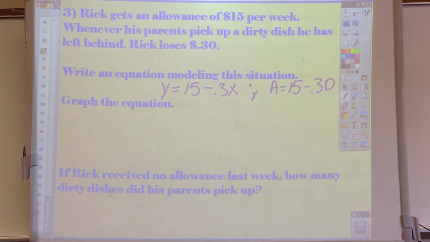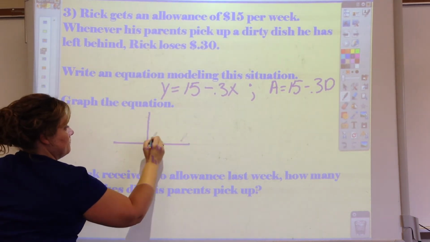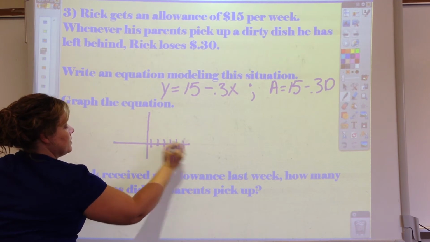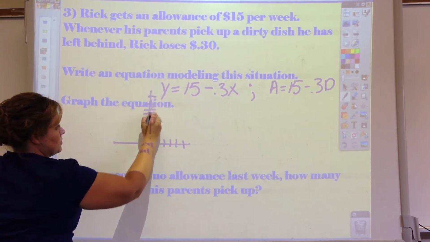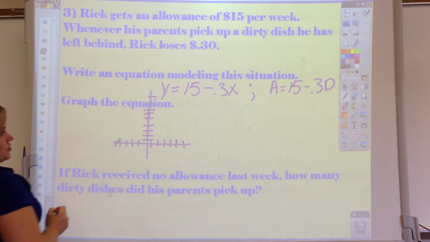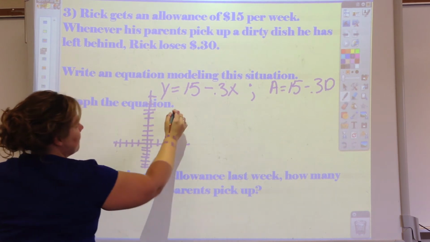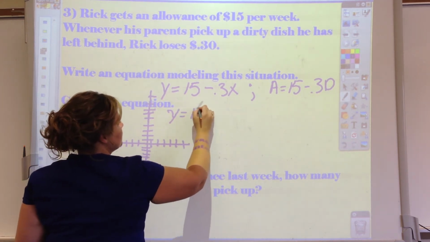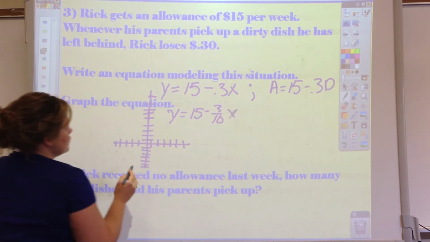Now if I want to graph it, a lot of times that's why we like to see it in y equals form. If I want to graph it, let's change my decimal here to a fraction. I could rewrite this as 15 minus 3/10 x.